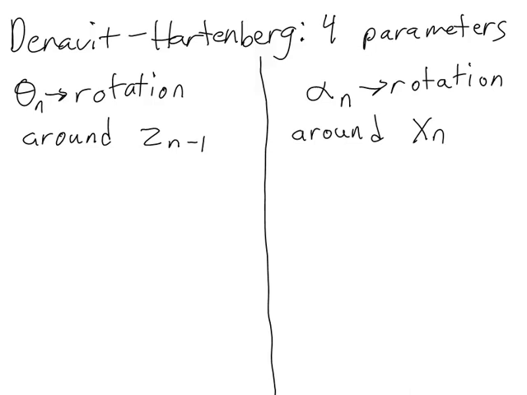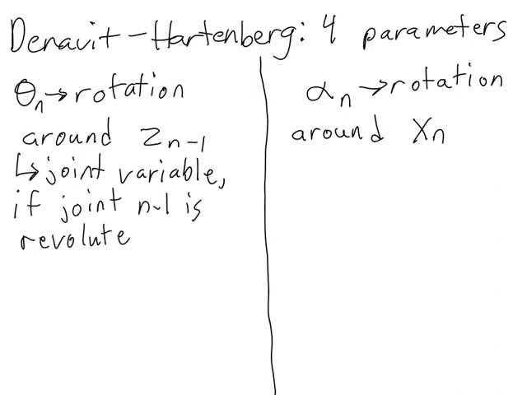The rotation around Zn-1, theta, is the joint variable if joint n-1 is revolute.